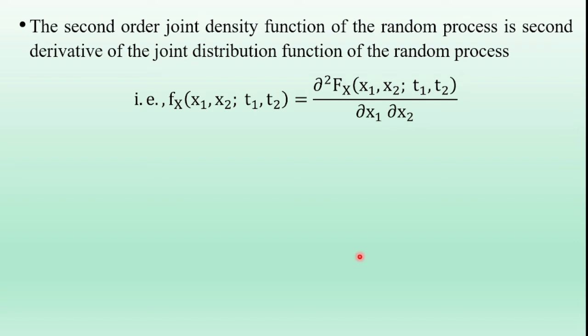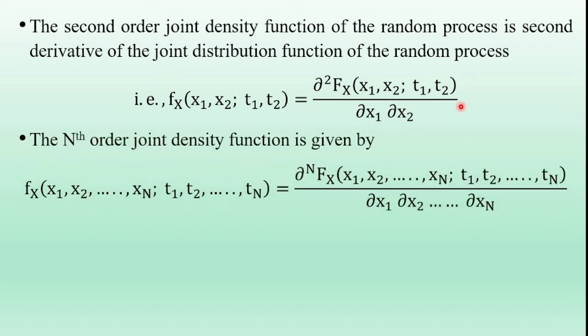So that is small fx of x1 comma x2 comma at the time instances t1 comma t2 is equal to the second derivative, dou square by dou x1 dou x2, into the second order distribution function of the random process x of t at the time instances t1 and t2. So this is the second order joint density function of the random process x of t, its definition and mathematical expression.